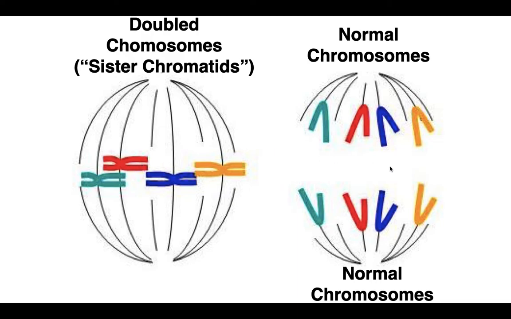In the next picture, we see, prophase, metaphase, telophase. No, anaphase. During anaphase, these sister chromatids get split apart, so the little middle part of the X gets broken, and what was the bottom half of this X is pulled down in this drawing, and what was the top half of this X is pulled up, causing the doubled DNA to split back into 4 normal chromosomes on the top and 4 normal chromosomes on the bottom.